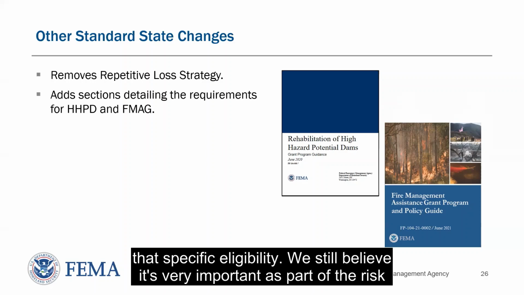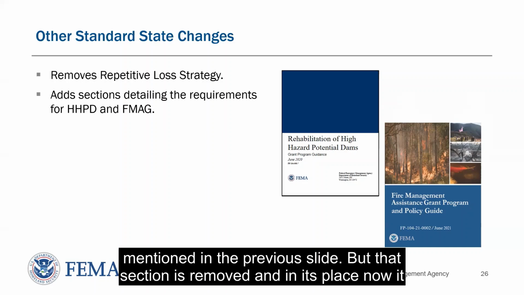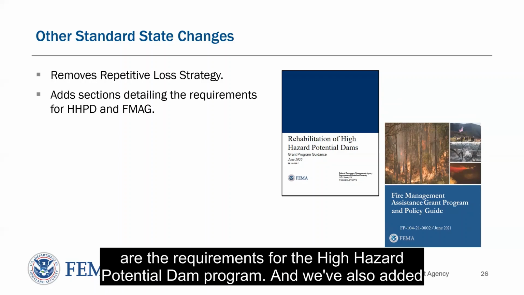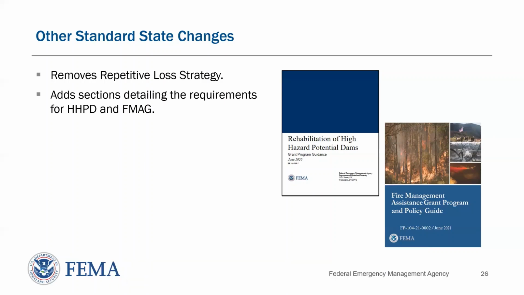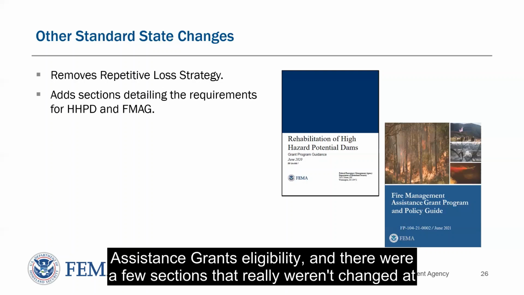We still believe it's very important as part of the risk assessment to look at repetitive loss properties or high risk properties, as was just mentioned in a previous slide. But that section's removed, and in its place now are the requirements for the high hazard potential dams program. And we've also added, as I mentioned previously, a very small section just as a cross check for the fire management assistance grants eligibility.